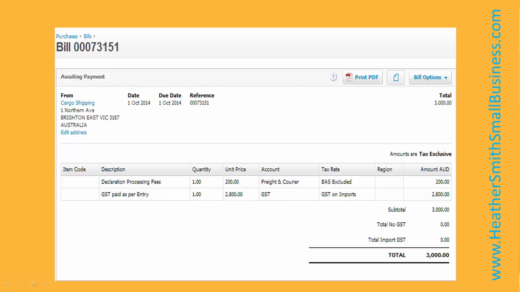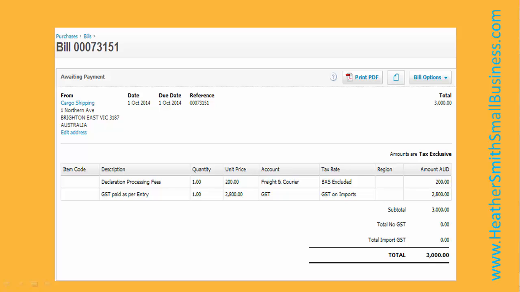I click on Accounts, Purchases, create a new bill, enter the bill, and the first line, the declaration processing fees, I allocate there as $200, allocate to the freight account, and the tax rate I include on that is BAS excluded, $200. So there's no GST on that. The next line, I'm recording the GST paid as per the entry.